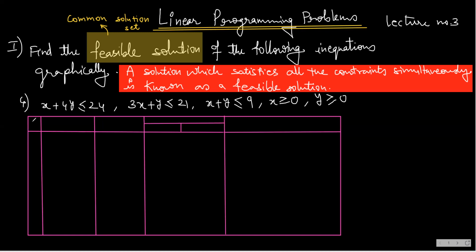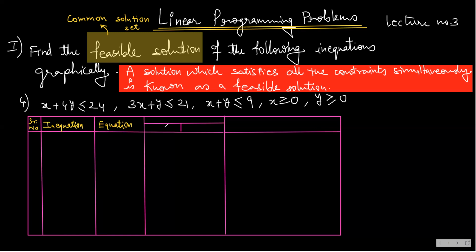Here we have the serial number. Then here we have inequations. The first column is inequation. Then the second column is equation. You know that for every inequation, we will have to write an equation, because with the help of that equation, we will plot the straight line.